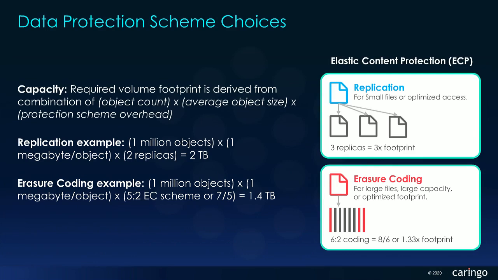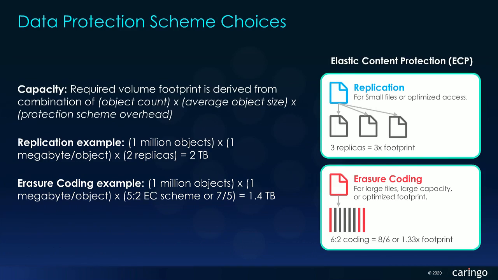For instance, if I go with 1 million objects, 1 megabyte per object, and 2 replicas, that's basically 2 terabytes. If I do the same, but with 5.2 erasure coding, that's 1.4 terabytes. So if I am using a 5.2 scheme, that's 5 segments of data and 2 segments of parity.